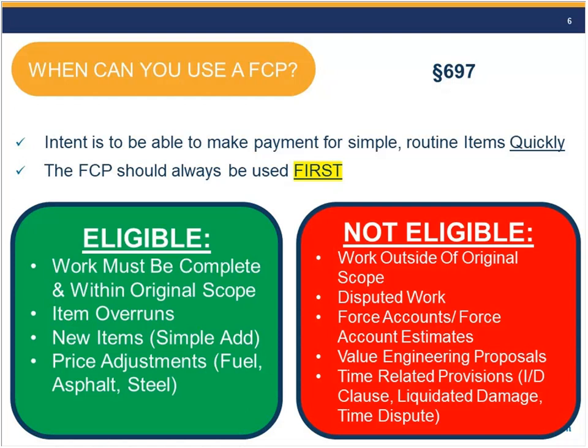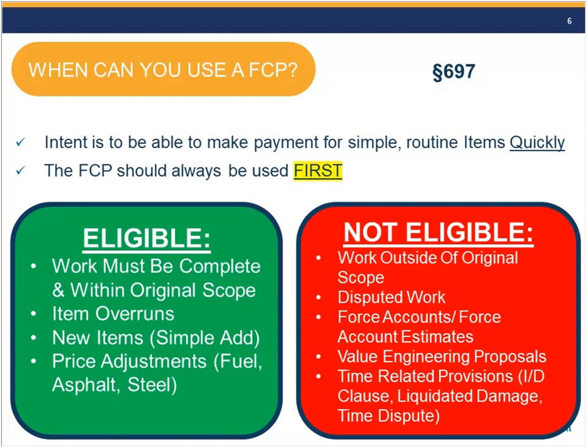And then we mentioned item overruns. So item overruns are like a main target for the FCP because it's work that's already been done. It's been flagged, it's been quantified, it's been reported, the materials have been received. So that's probably the largest lion's share of the FCP is used for item overruns. We can use it for new items if it's what we'll call a simple addition, and we're going to talk about that next week in segment number 3.